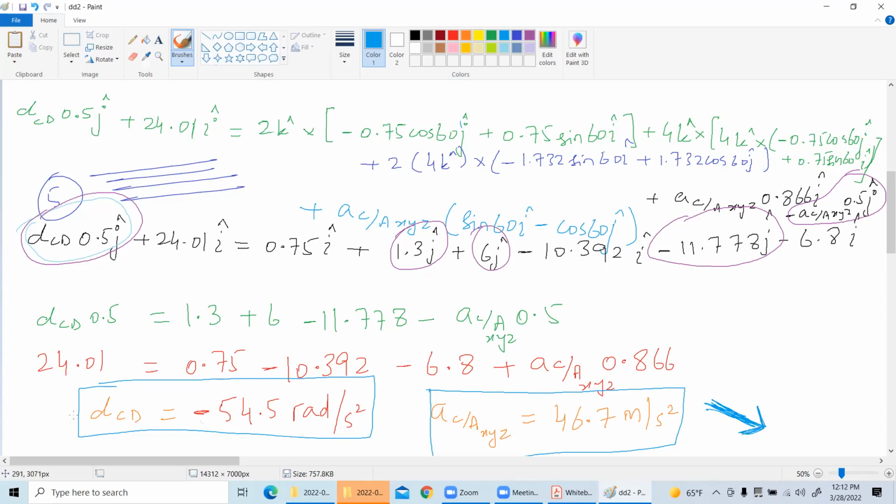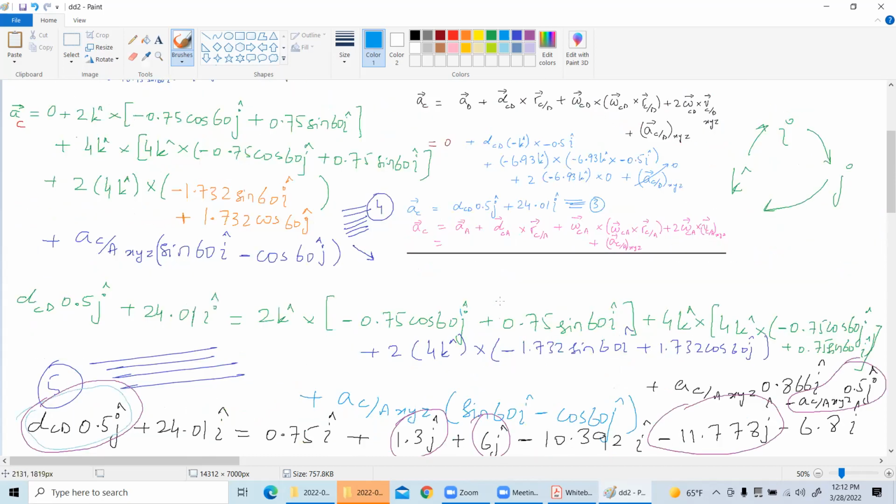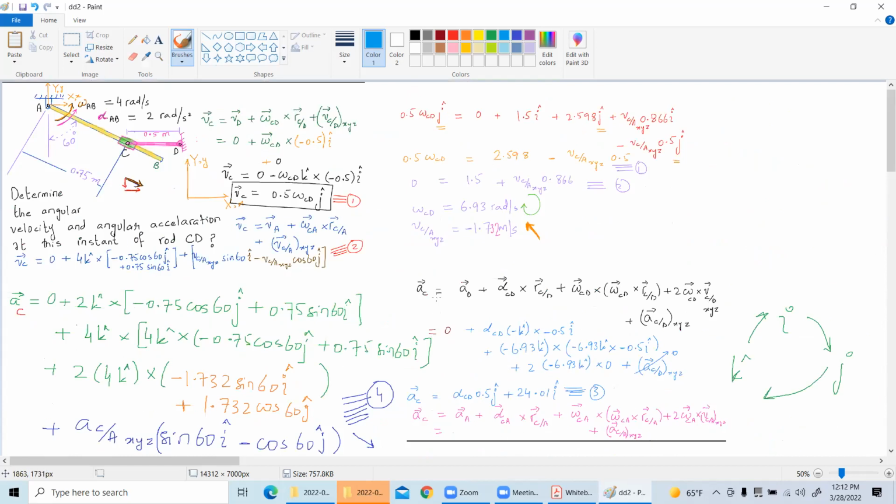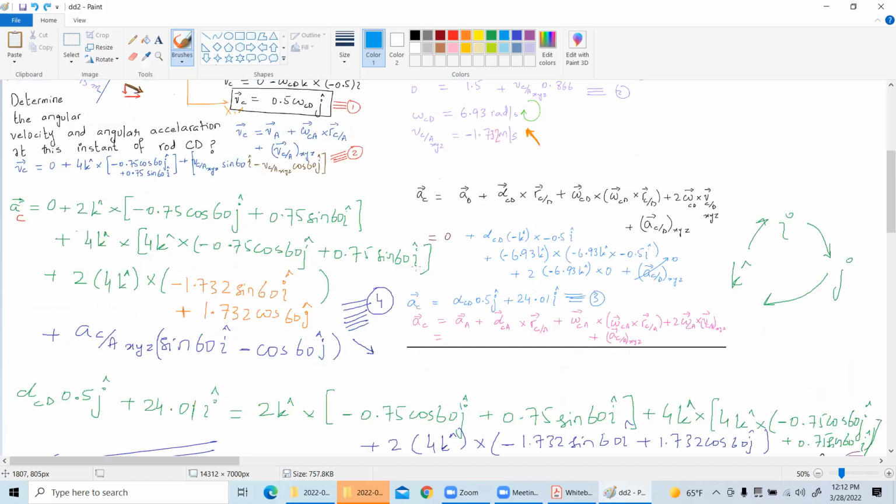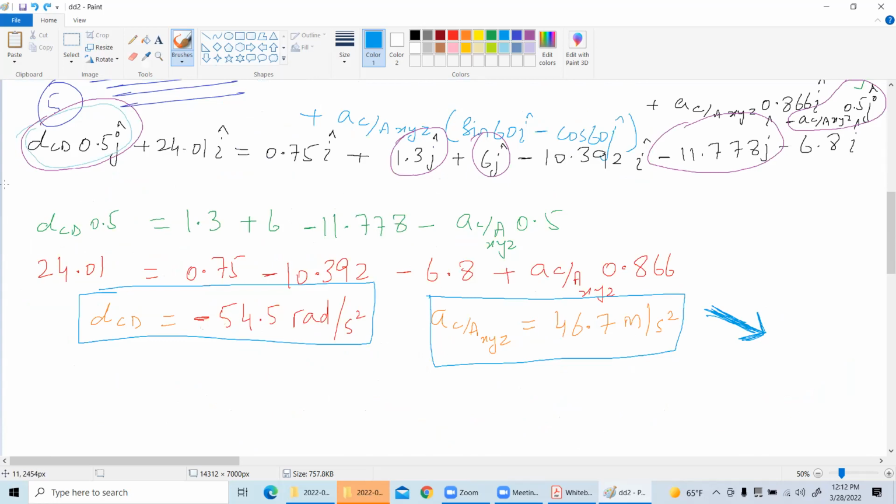But what about alpha? Did I assume it as anti-clockwise or clockwise? I have to see it. So our alpha assumption was minus k, towards the inverted direction. Yes, my assumption of alpha was clockwise, and it is coming out to be negative. This means my assumption was wrong.